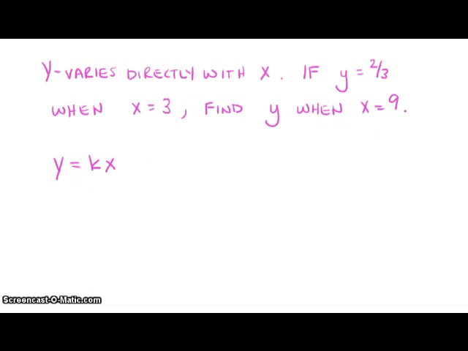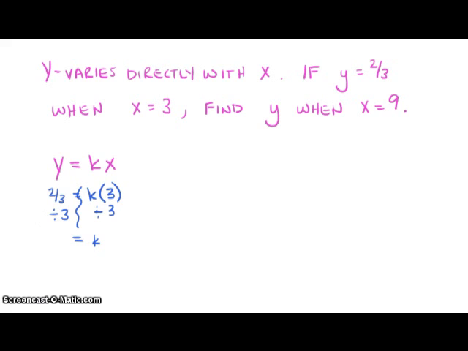So let's start with that. Let's start by finding the constant of variation. So y equals 2/3 when x equals 3. Right? So let's divide by 3 on both sides. So k is equal to, dividing by 3 is the same as multiplying by 1 over 3.